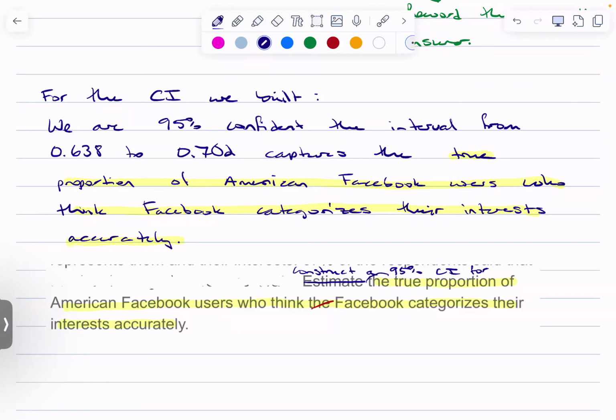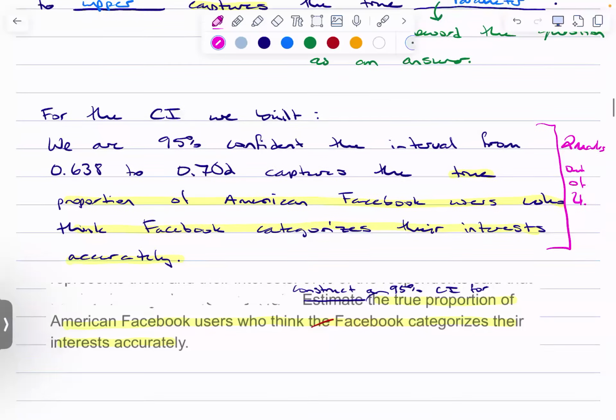And so this is another 2 marks out of 4. That's the remaining 2 marks. People love to forget to interpret the interval, but then you only get half marks for building your interval. Our job is kind of twofold.